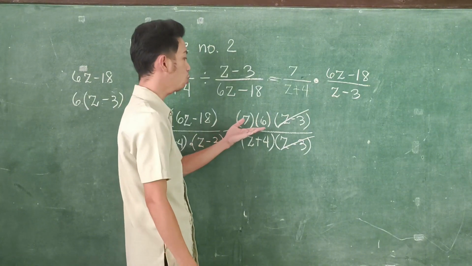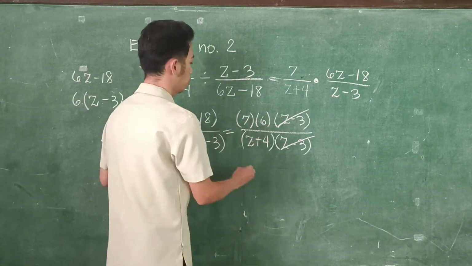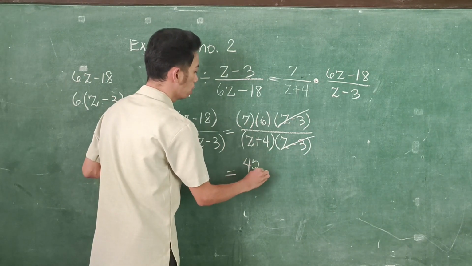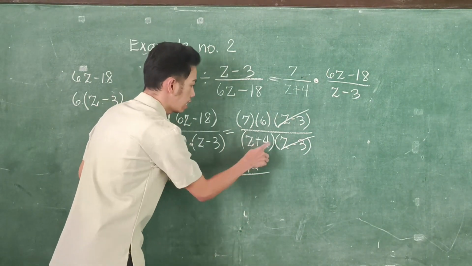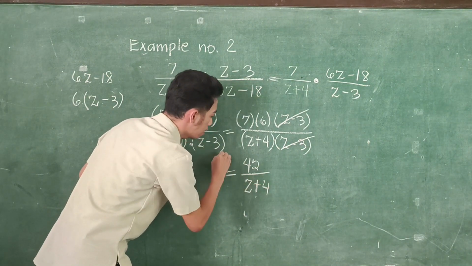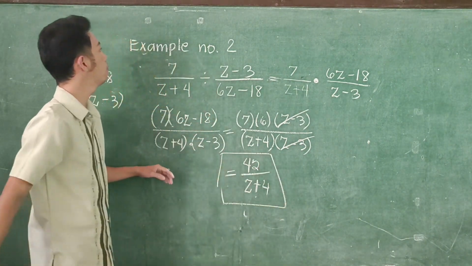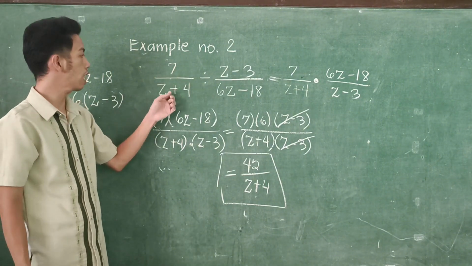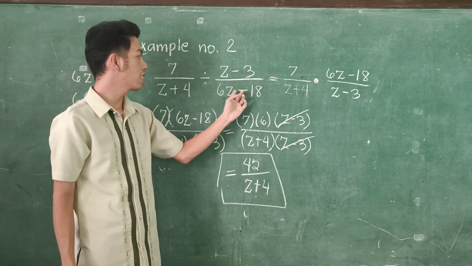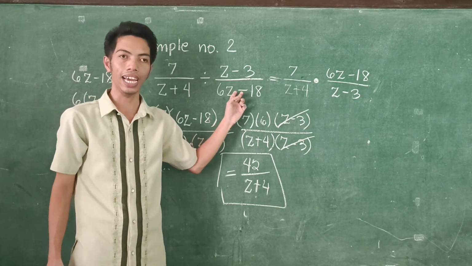Okay, and after that, we will multiply the remaining factors. 7 times 6 is 42. That is over z plus 4. And this is the quotient of 7 over z plus 4 and z minus 3 divided by 6z minus 18.